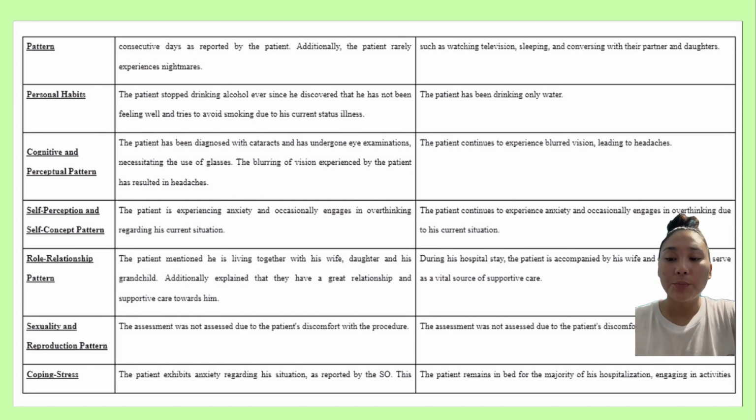So next is coping stress management patterns. So before hospitalization, the patient exhibits anxiety regarding his situation, as reported by the SO. And this anxiety prompts the patient to engage in distraction techniques, such as feeding his chickens.